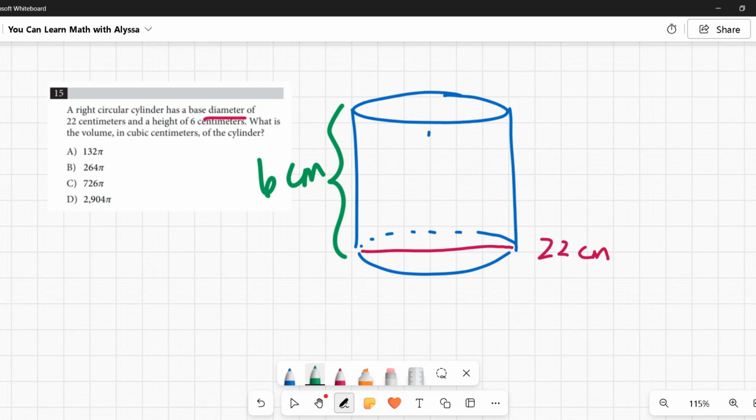Now, the formula for volume of a cylinder is provided to you by the College Board. So if you forget it or you're having a blank, like, oh, I'm not 100% sure, was it this or this? By all means, use that reference. Don't guess if you can't remember.